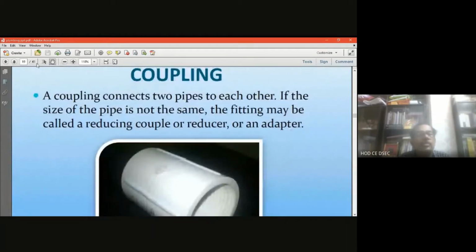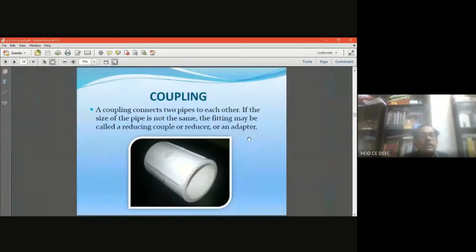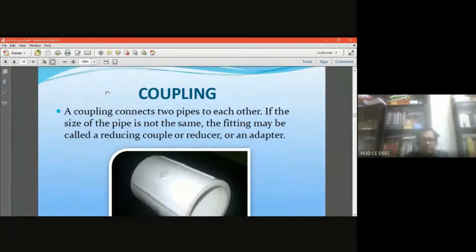It connects two pipes to each other, making a joint, a connection between two pipes. You can see the photographs of the coupling in my lecture.